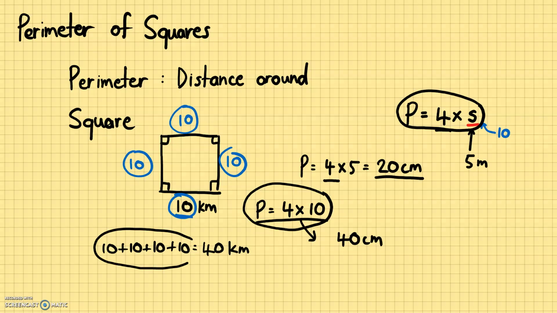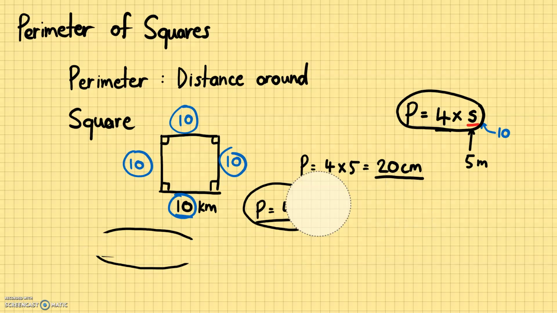But this way, you get the picture of what you're doing. You're adding all the sides together, and they all have the same sides. So that's why your answer is going to be 40 kilometers. I want you to be comfortable solving this both ways.